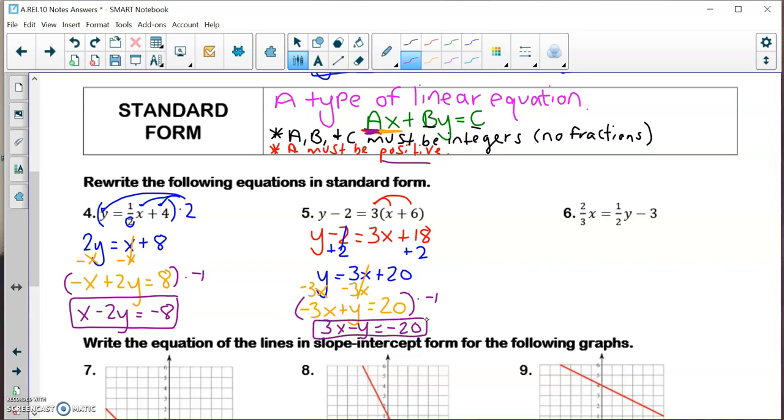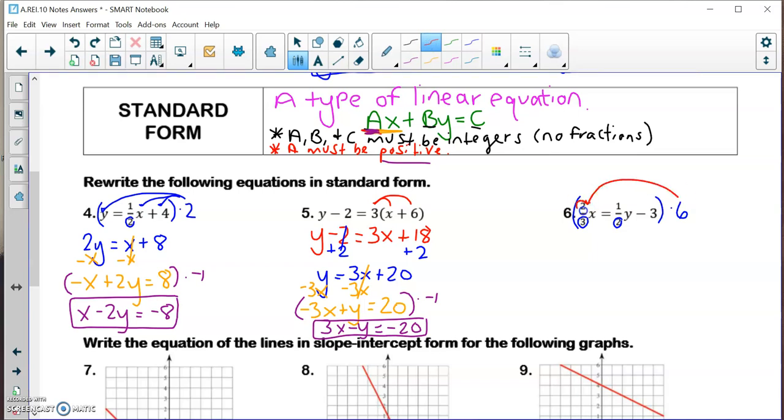All right, number 6, right now I have fractions, I need to get rid of them. So I need to multiply my entire equation by, since the denominators of the fractions are different, well, 2 times 3 is 6, so if I multiply this entire equation by 6, I will completely eliminate my fractions. So 6 times 2/3.